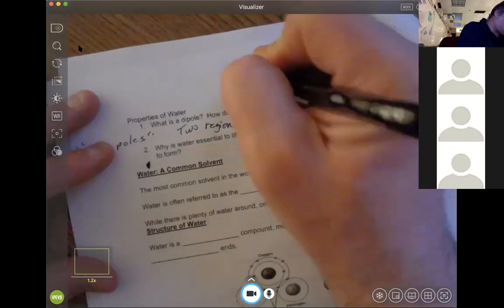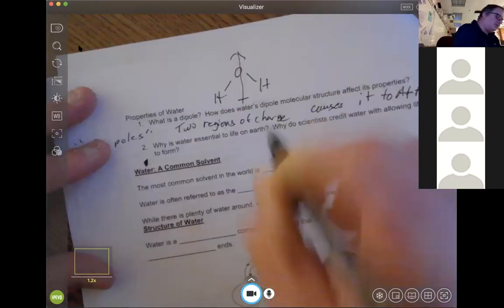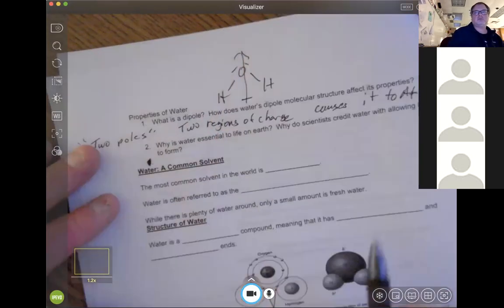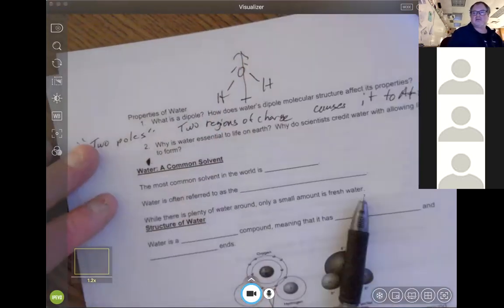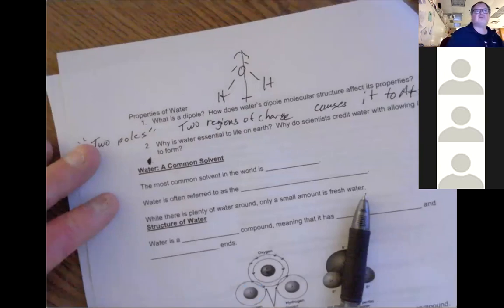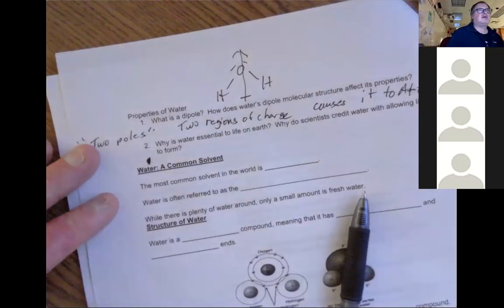We take a look. There's an overall pull in this direction for the electrons. So that gives us that whole thing there. There's an overall pull in one direction for the electrons. And that gives us that, what do we call it?